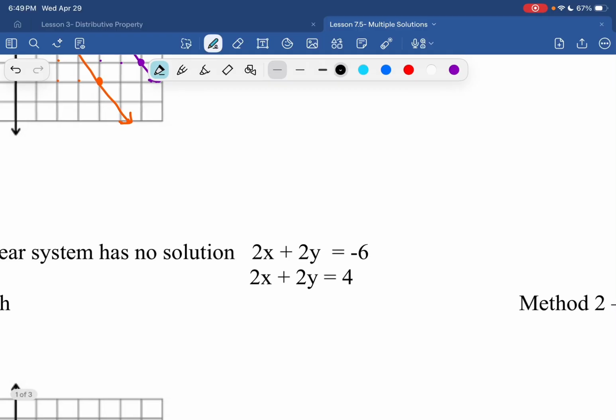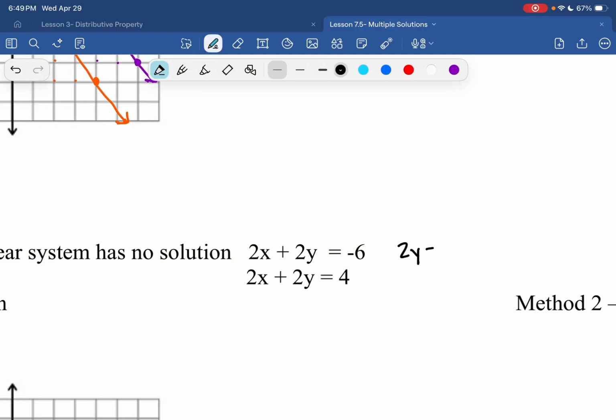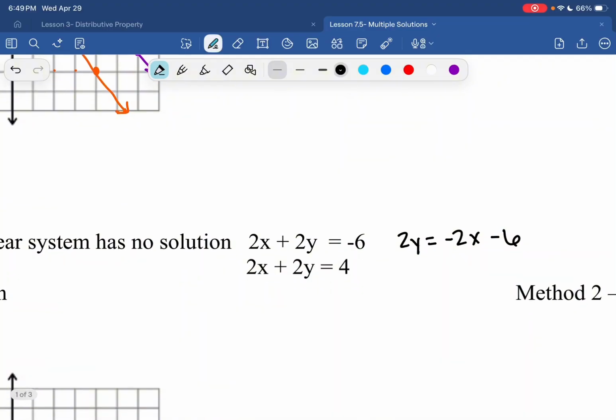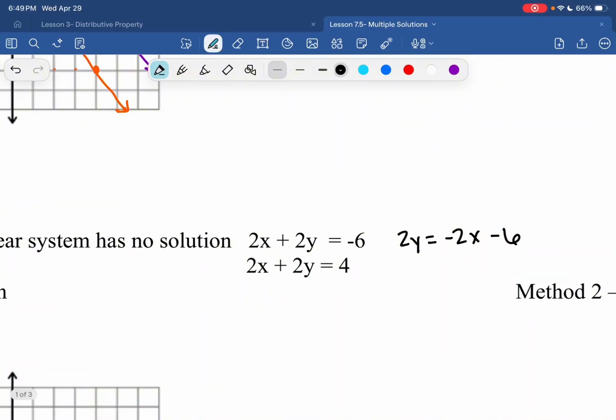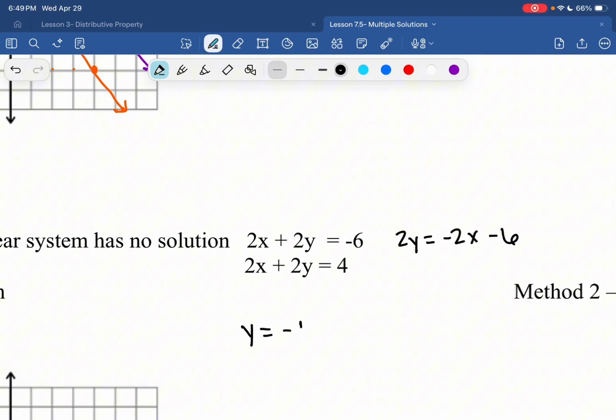Once you've done that, you should have gotten 2y equals negative 2x minus 6. And you can't have y being multiplied by 2. So then you needed to divide every single term in your equation by 2. And when you do that, you should have gotten y equals negative 1x minus 3.